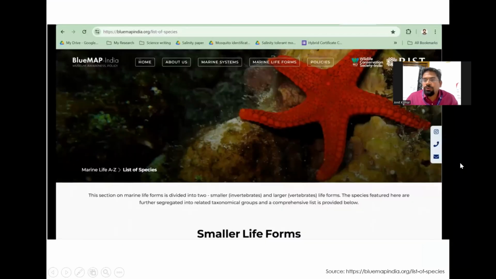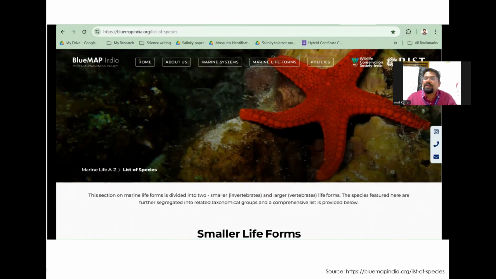I am not going into details showing all the species, how they look, their morphological features, and so on. But of course, we have a lot of very excellent databases maintained by various marine researchers across the country.